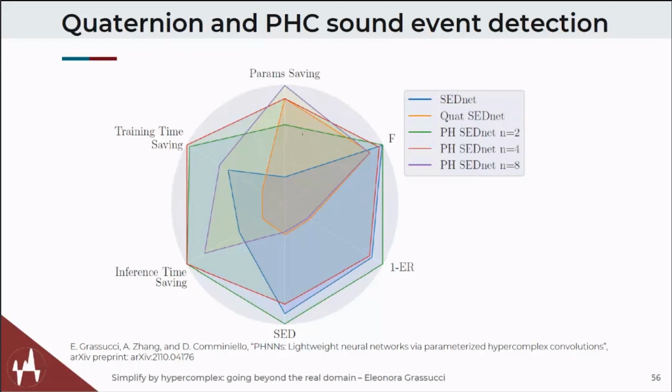This is an important fact especially for audio applications and embedded systems, where we can have a trade-off between model performance and computational requirements, training and inference time.